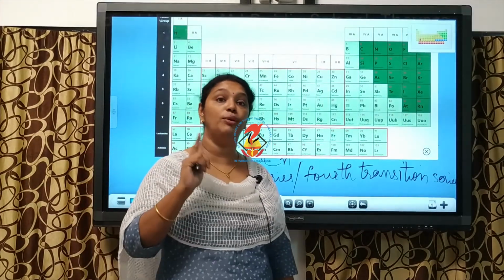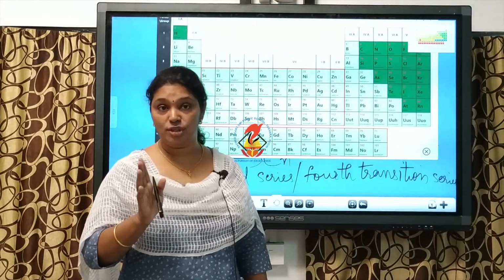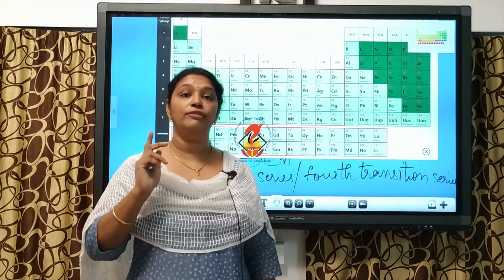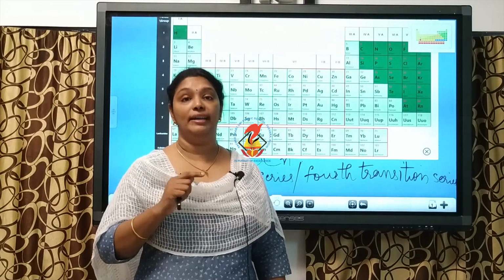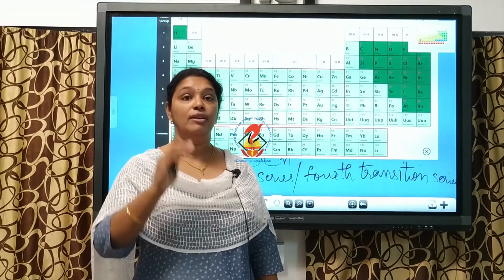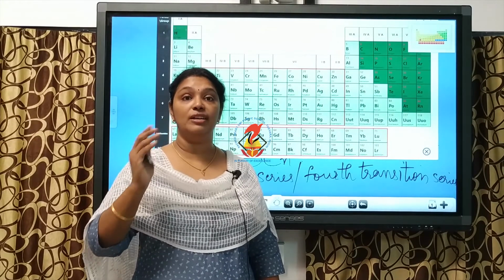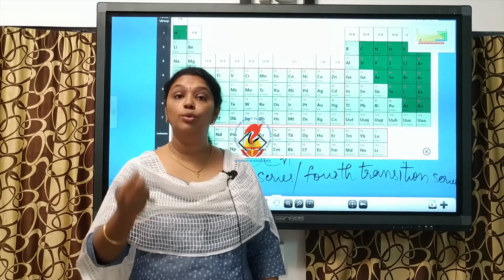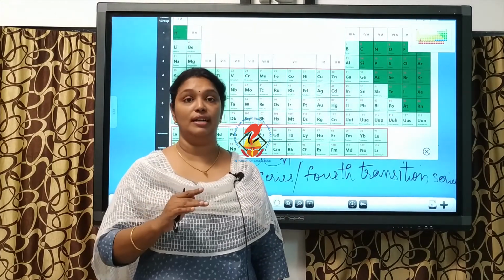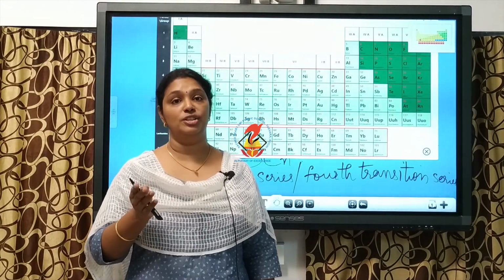They are called the 4f or first inner transition series and 5f or second inner transition series, because their 4f and 5f orbitals are getting filled. Or we can say, what do you mean by the first inner transition series? The 14 elements which follow lanthanum, whose 4f orbitals are getting filled, are known as 4f inner transition series.